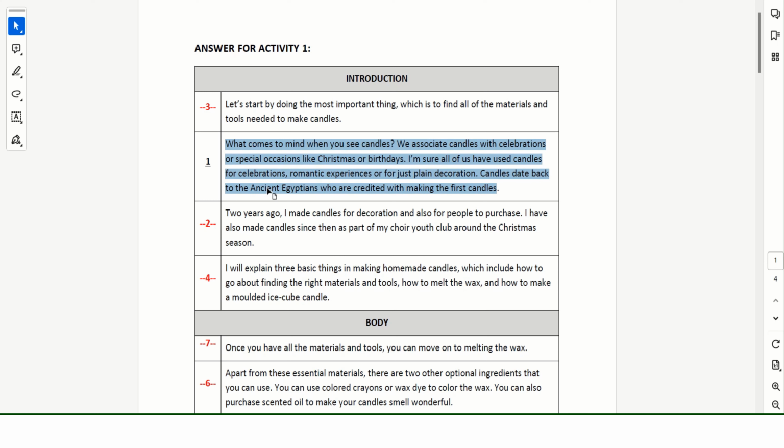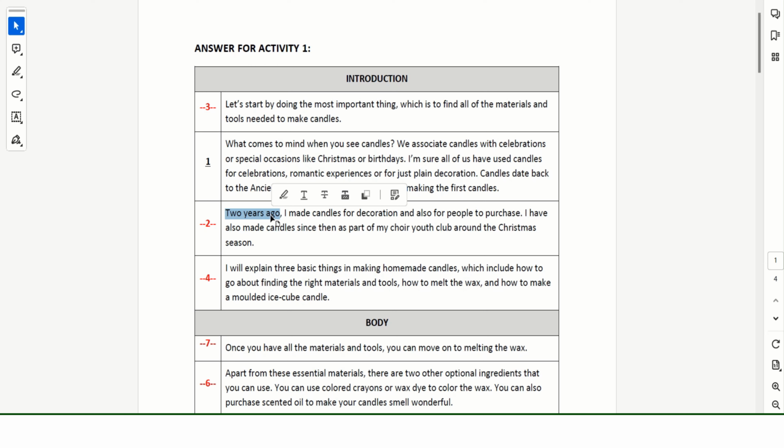So why does number two appear here? Because normally, in the introduction, we begin with the general statement, and normally the information included in the general statement will be about what happened earlier. As you can see in this sentence, the keyword here is "2 years ago".